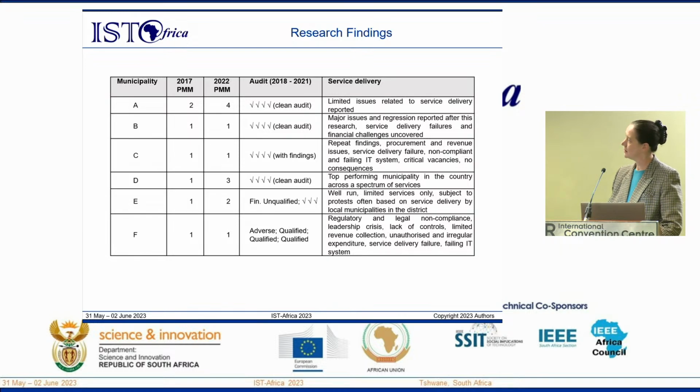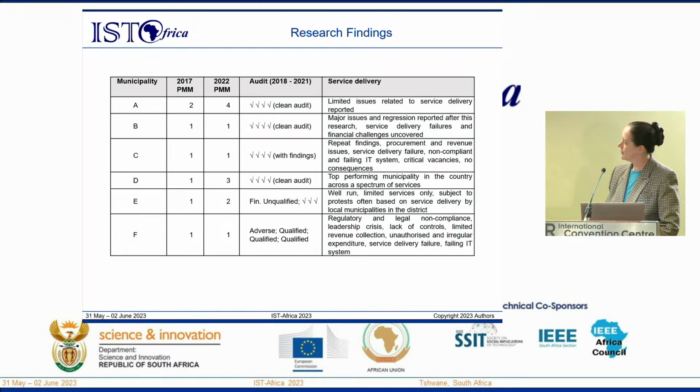Now, there you've got on the left-hand side municipalities A to F, and that is to anonymize them. However, people that know the municipalities very well, reading this table, will probably be able to put at least 3 or 4 names to those municipalities. In 2017, you can see the project management maturity levels, very low. Municipality A, level 2, B, C, D, E, and F, level 1, and that is on a scale of 1 to 5.